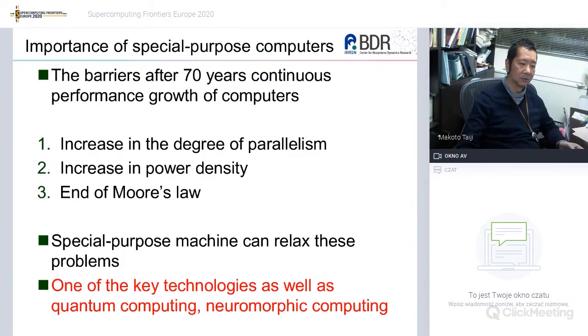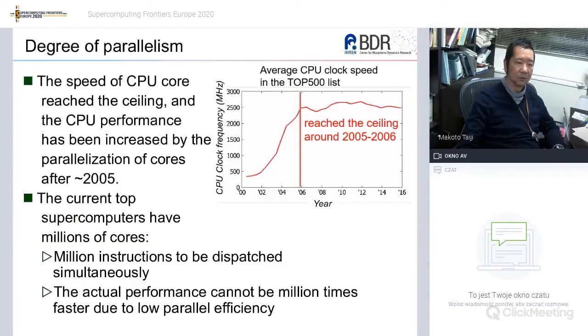And third is the end of Moore's law. The special purpose approach can relax these problems. I think this kind of specialized approach is one of the key technologies, as well as quantum computing and neuromorphic computing. I think the most important bottleneck is the too high degree of parallelism.